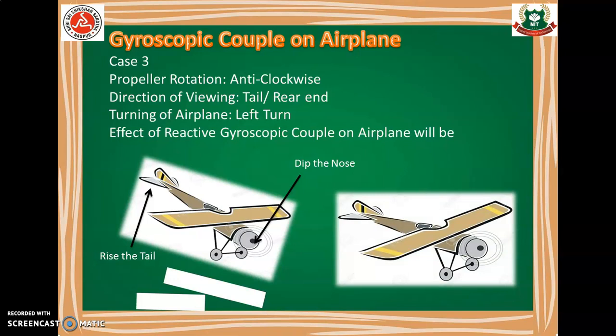Means when propeller is rotating in anti-clockwise direction, direction of viewing is from the rear end, and plane is going to take a left turn. So all these 3 conditions will affect the plane. So what will be the effect? The effect will be the front end will go in the downward direction and rear end will go in the upward direction if you compare with the normal condition.